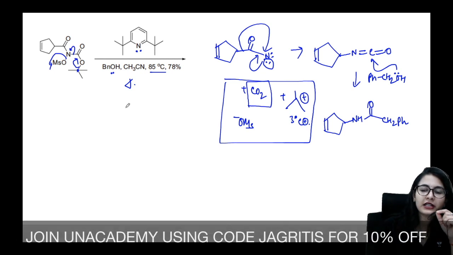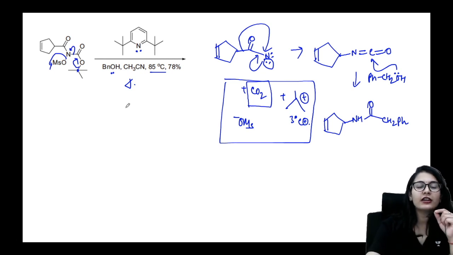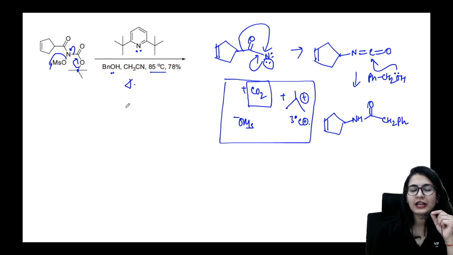All right, guys. So we have studied very important name reactions today: the Hofmann, the Curtius, Schmidt, and Lossen. The Hofmann is a degradation reaction or rearrangement. Both are possible.